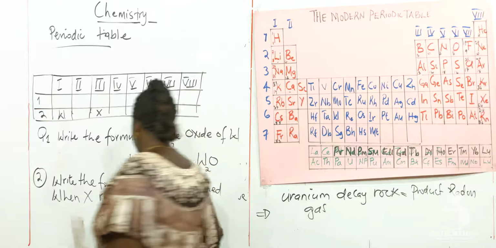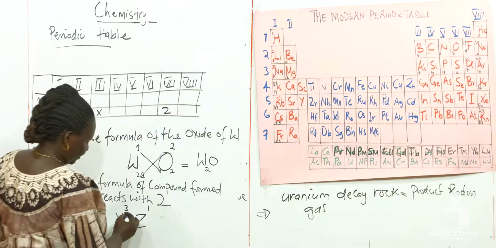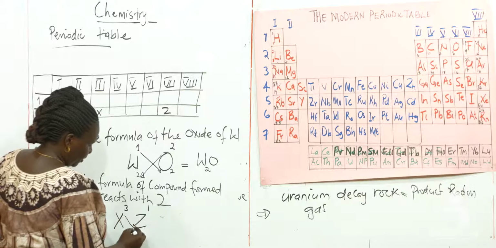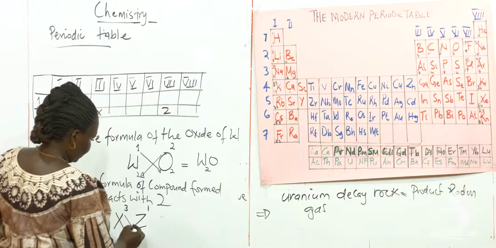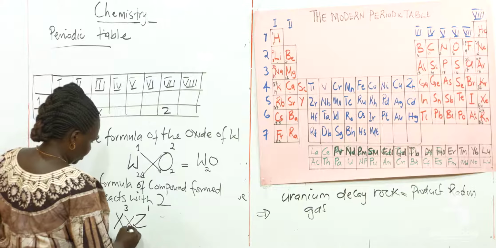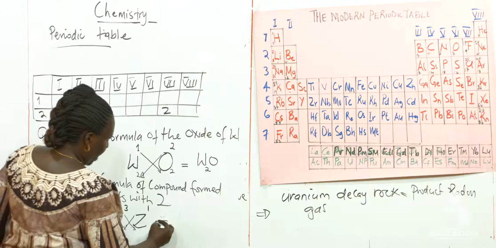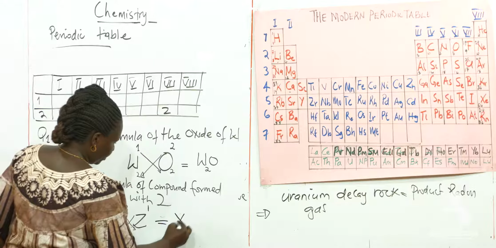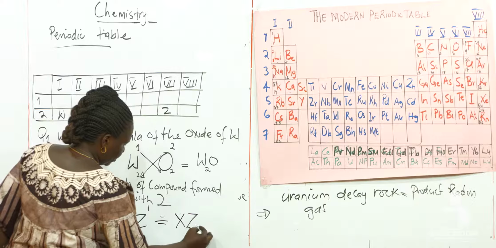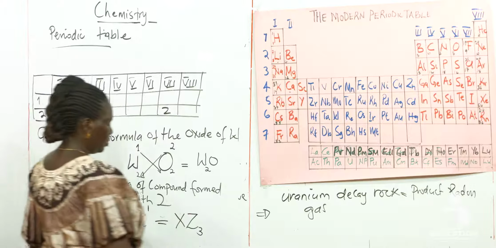So we exchange the valencies. So our compound will be XZ3.